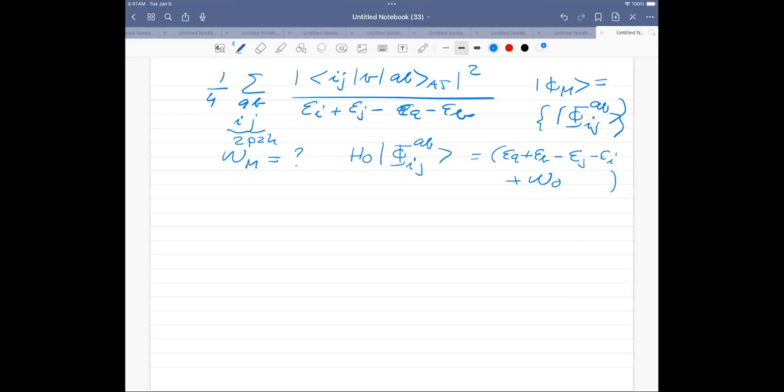So let's now bring this in comparison with FCI calculations. Let's quickly remind ourselves of the FCI case.